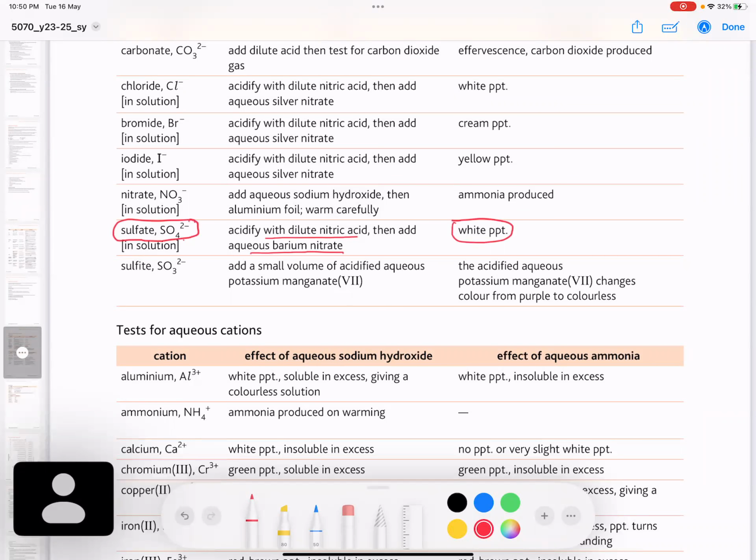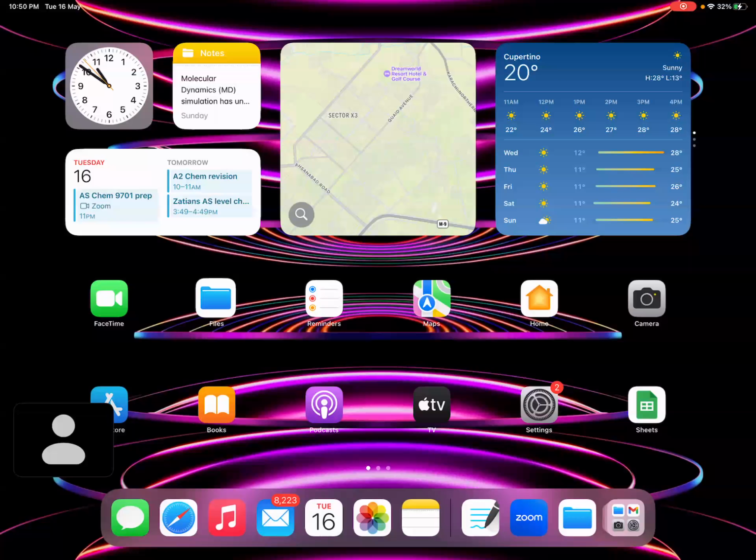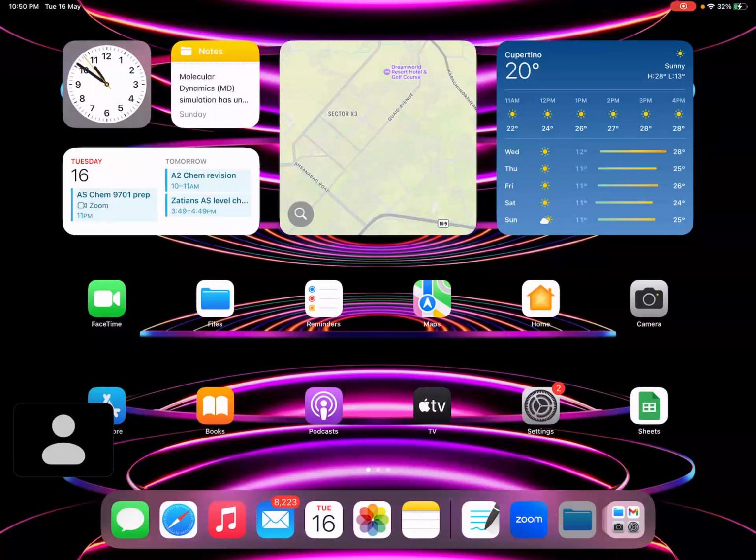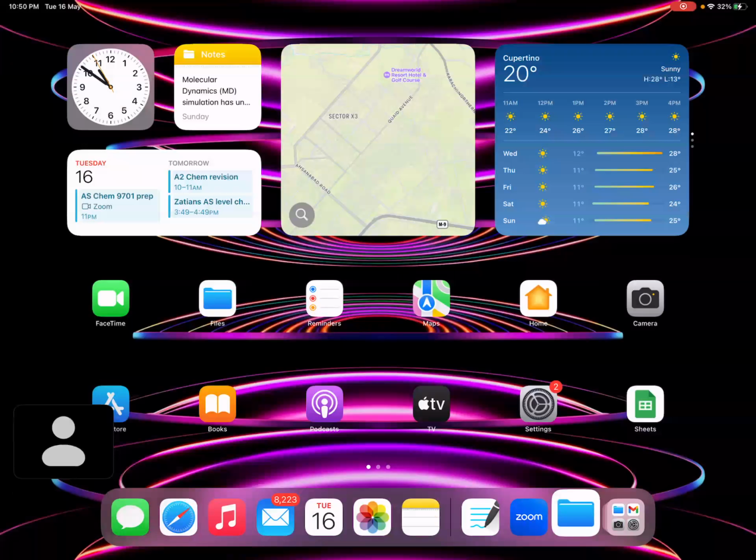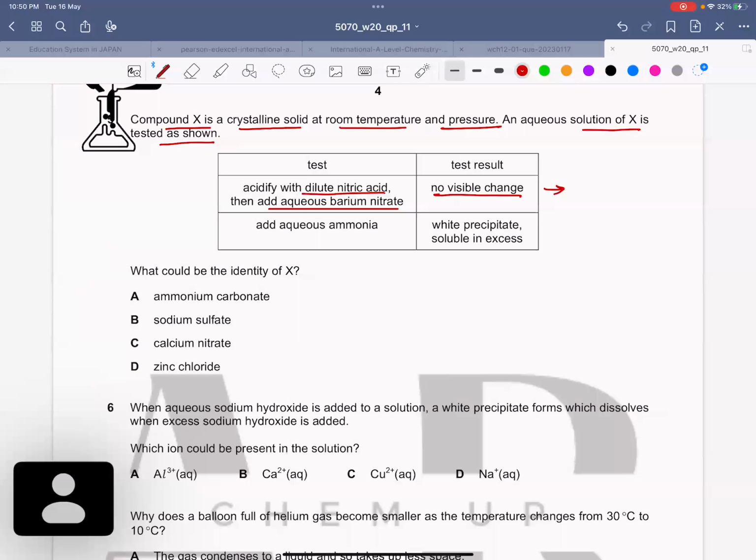But in the question, there is no visible change, which helps me to identify there must be no sulfate ion. Sulfate is not present. Is this understandable to everyone?